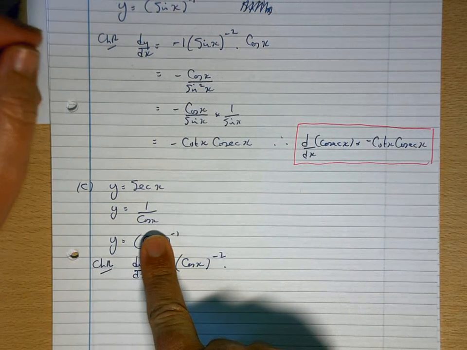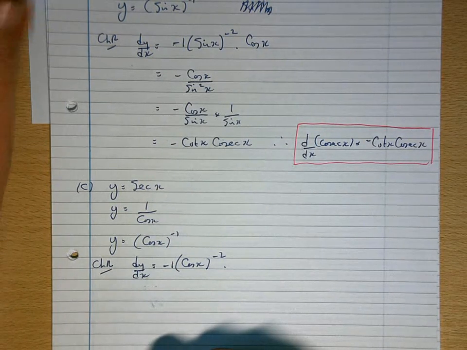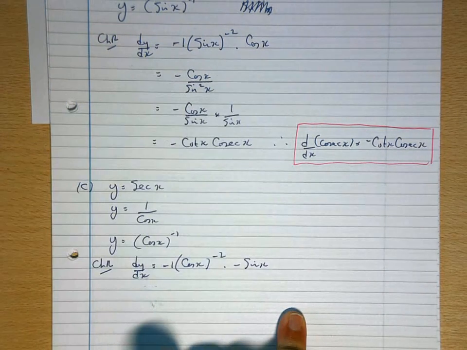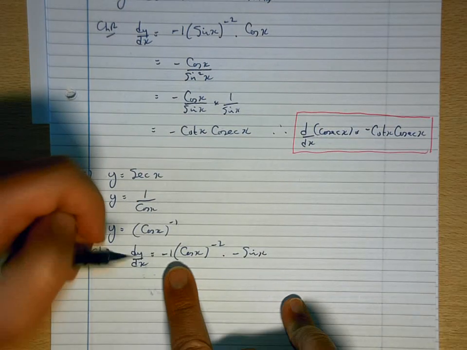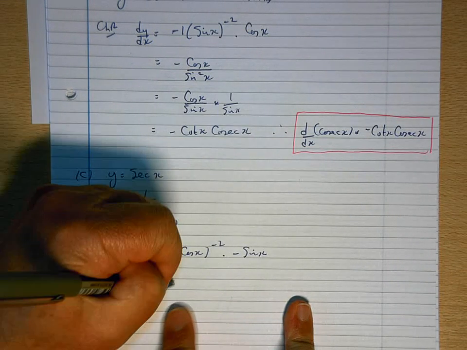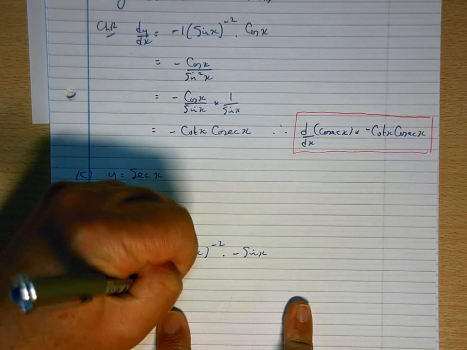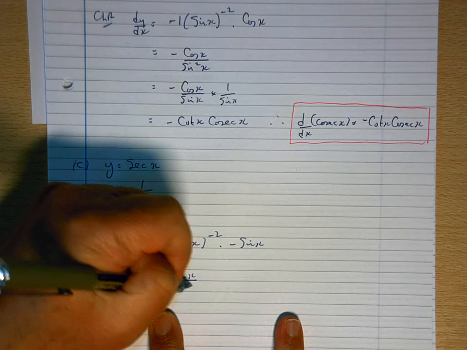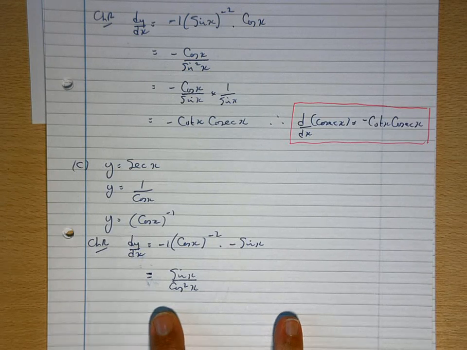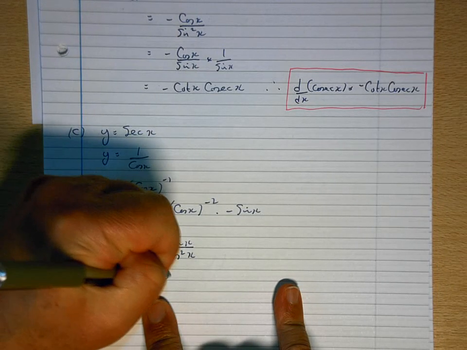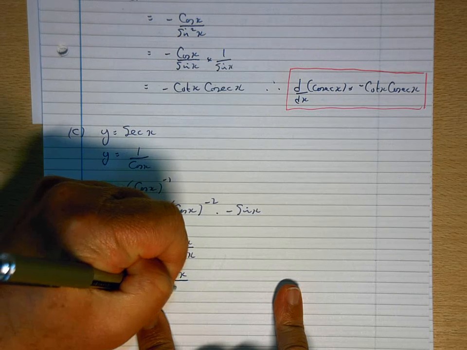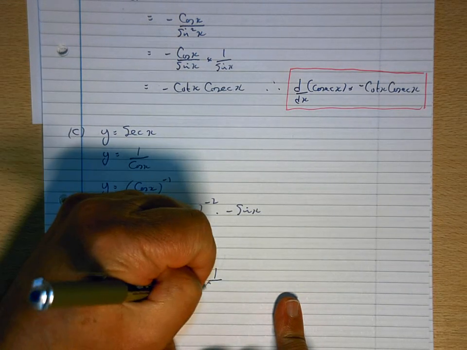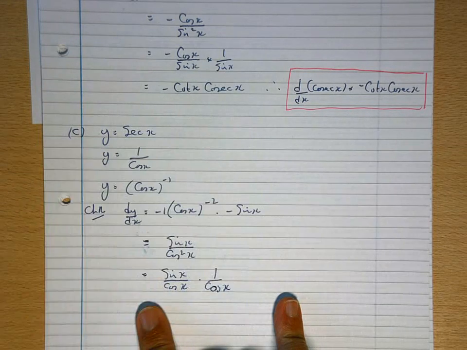Multiplied by what I covered up, differentiated. So differential of cos is minus sine x. So this time the minus times the minus goes. So I'm going to have sine x on top and cos squared x underneath. So I can write that as sine x over cos x multiplied by 1 over cos x.